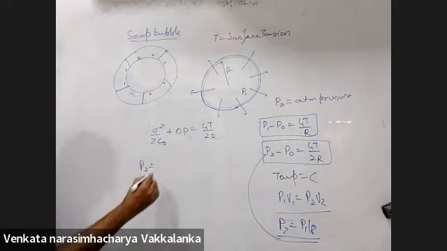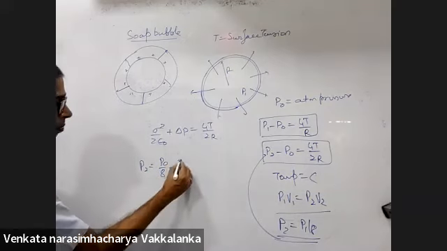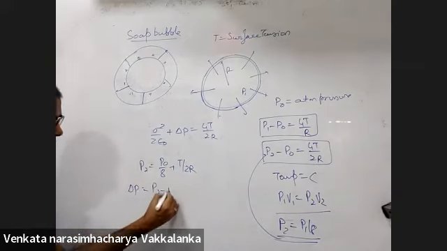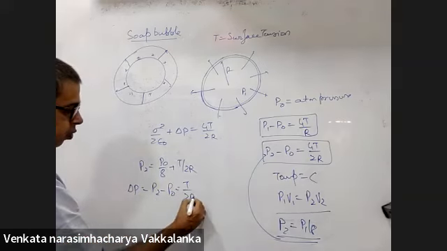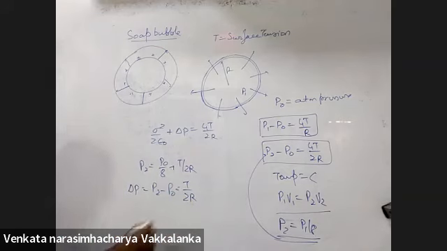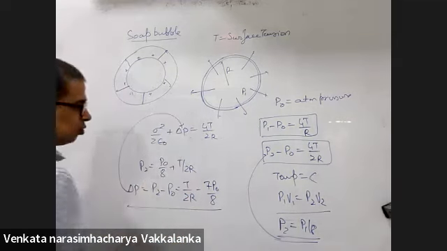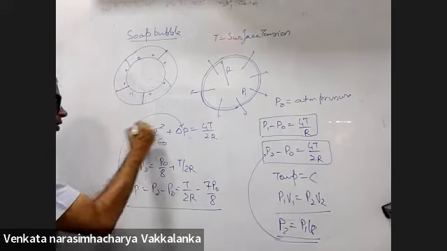P2, observe this, P naught by 8 plus T by 2R. So delta P will be P2 minus P naught. How much will you get? T by 2R minus 7 P naught by 8. This delta P you substitute here and simplify for sigma. Find sigma.